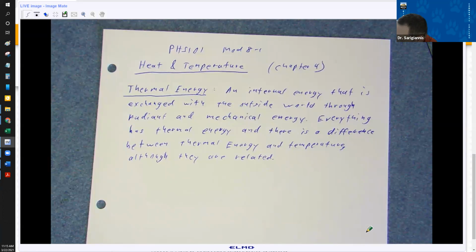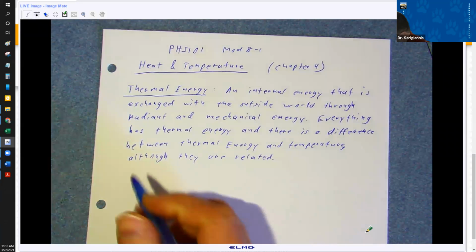And when we talk about heat transfer, we're going to talk about how that energy is exchanged in the outside world, right? So you could add thermal energy to something, or you can take away thermal energy from something, right? And thermal energy is not temperature. However, they are related, right? And let's talk about temperature now.